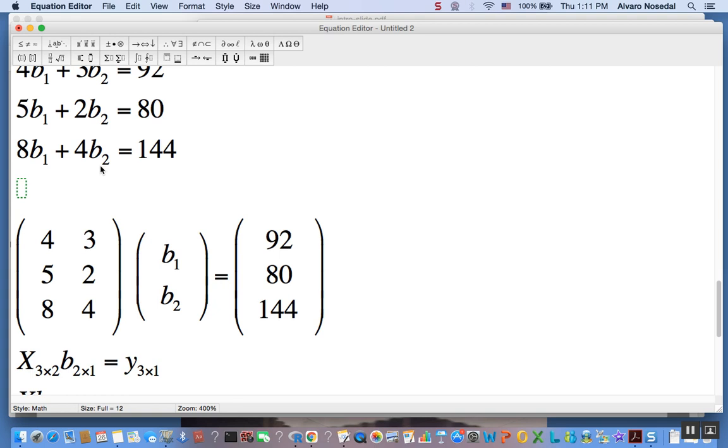But then we said, how if we could turn it into a problem where we have a square matrix here, and then if the inverse exists, then we have the solution. That's exactly what we did.